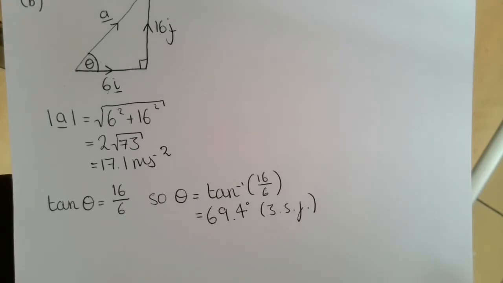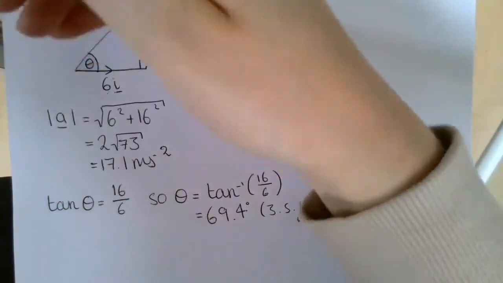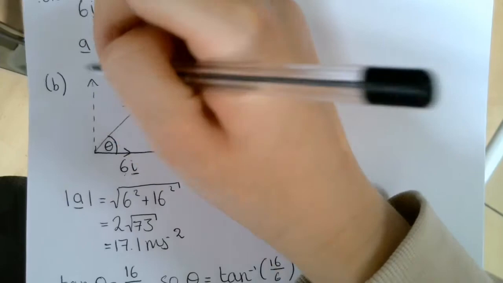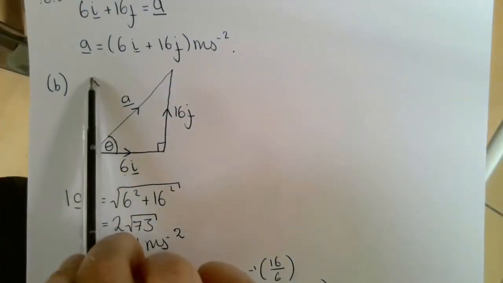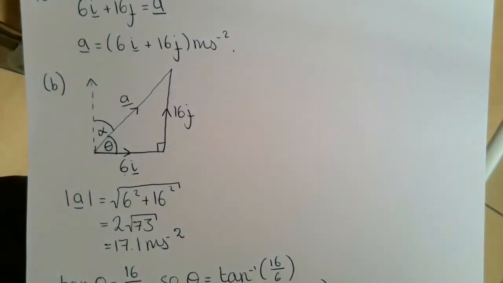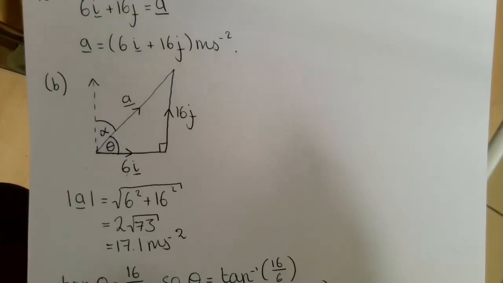So the bearing of the acceleration is, if we look at our line going north here, the bearing is going to be that angle there. I'm going to call that alpha. So the bearing is 90 degrees subtract 69.4, which is 20.6.